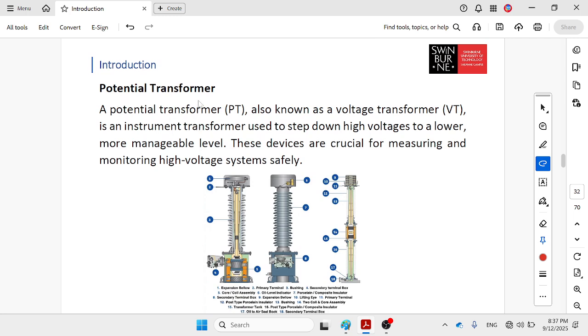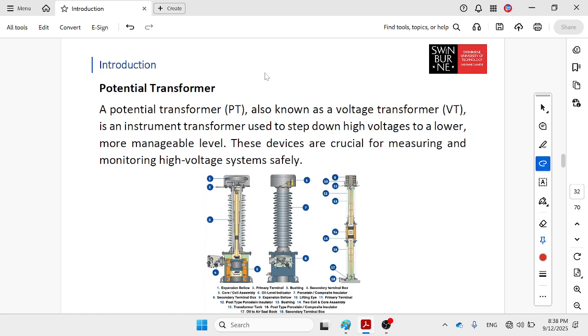Potential transformer, or VT or CVT, as I mentioned, is used to measure the voltage because we cannot measure the high voltage in the same way as the normal condition.